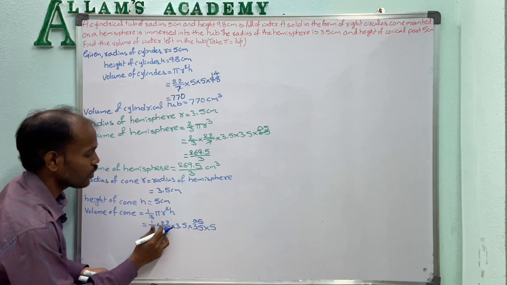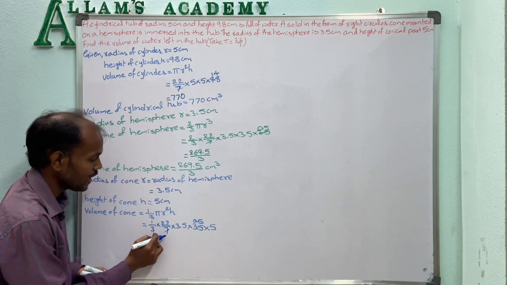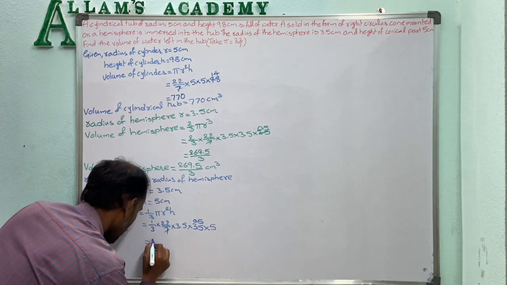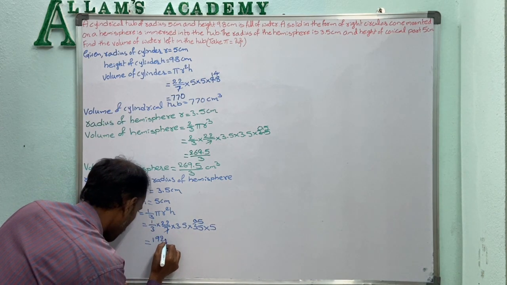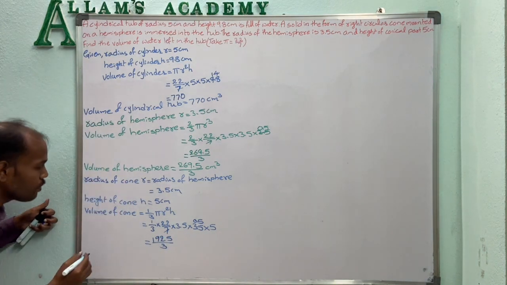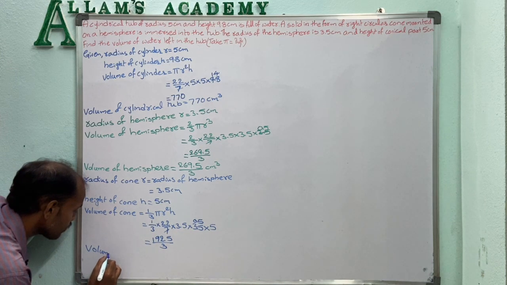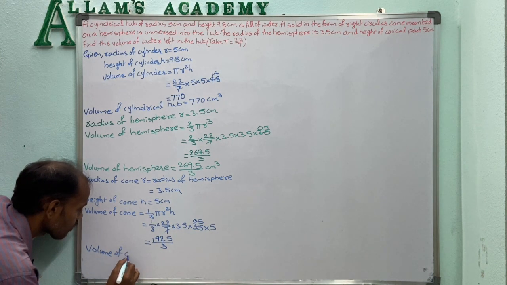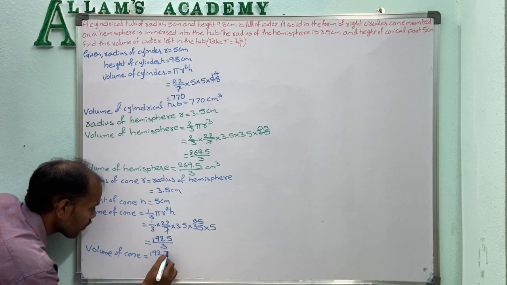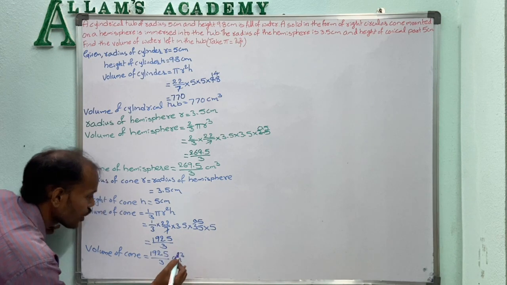So 22 into 3.5 into 0.5 into 5 by 3. So this value is nothing but 192.5 by 3. So volume of cone equal to 192.5 by 3 centimeter cube.